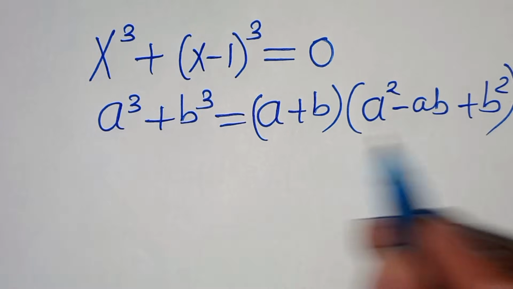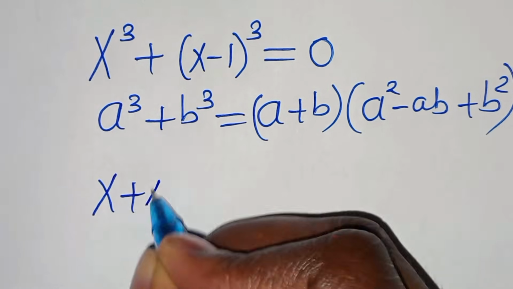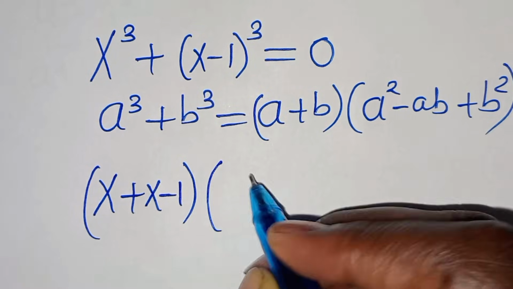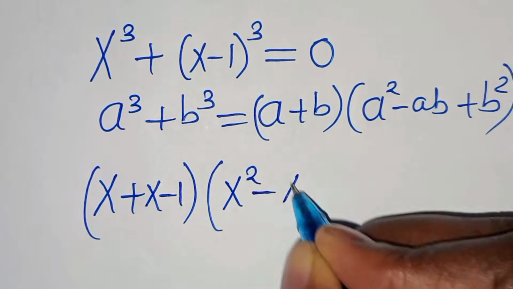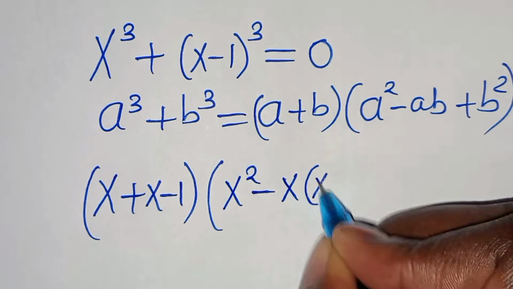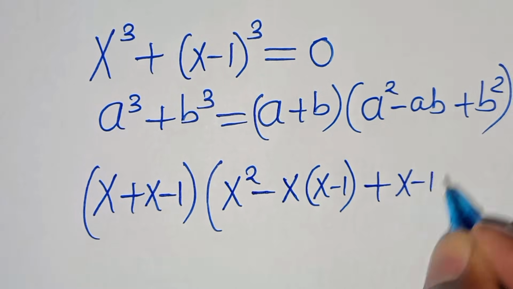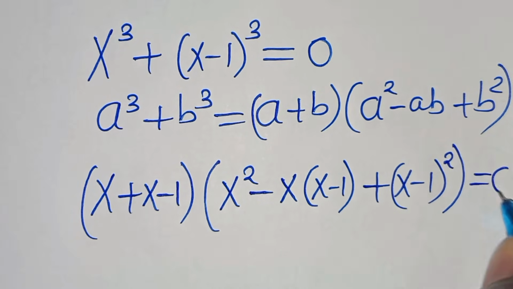Applying this identity, then we have x plus x minus 1, then we have x to the power of 2 minus x multiplied by x minus 1, plus x minus 1 raised to the power of 2, close the parentheses. This is equal to 0.